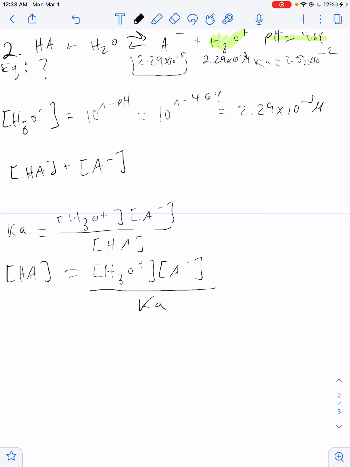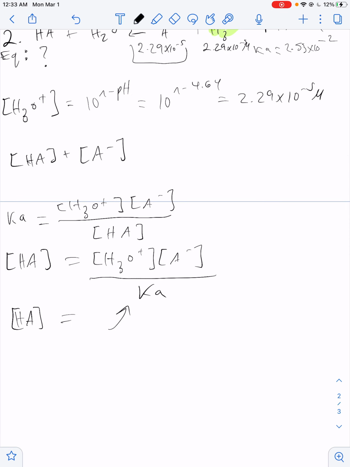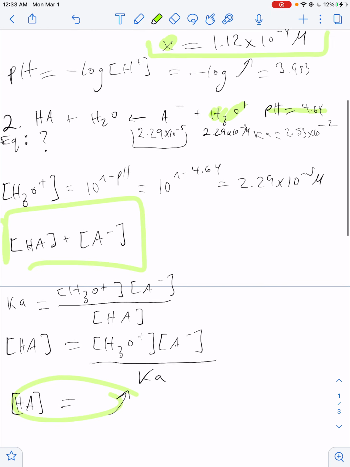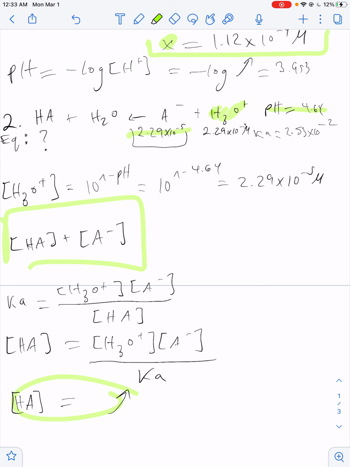Once you do that, solve for x. Whatever you get here is going to be your HA, and then your final answer is HA plus A minus, so whatever you find here plus this number that you calculate.